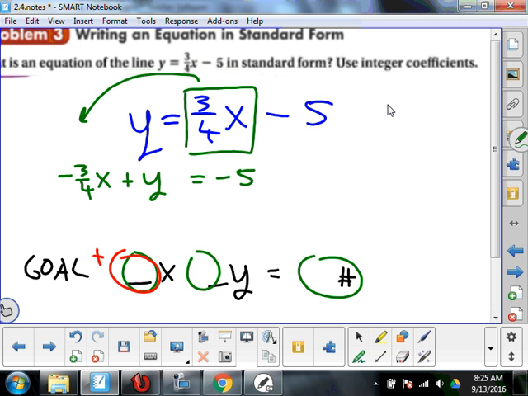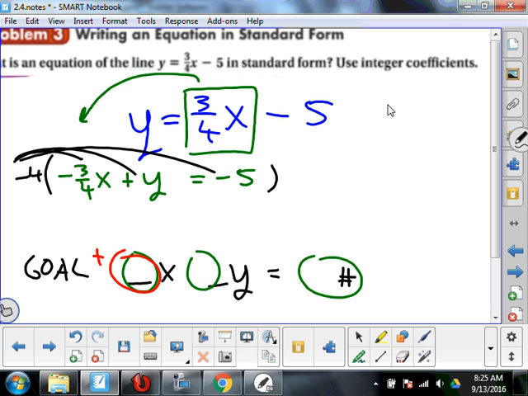What would I need to multiply the equation by? 4 would make everything an integer, but it wouldn't make a positive. Negative 4. We're going to multiply by negative 4. Multiplying by negative 4 will ensure that a is positive and that we have all integer coefficients. Be careful here. Make sure that negative just gets distributed. Make sure the 4 gets distributed to all the terms.